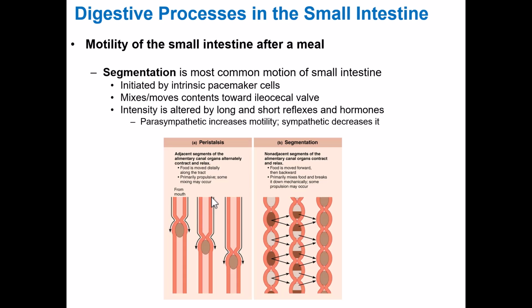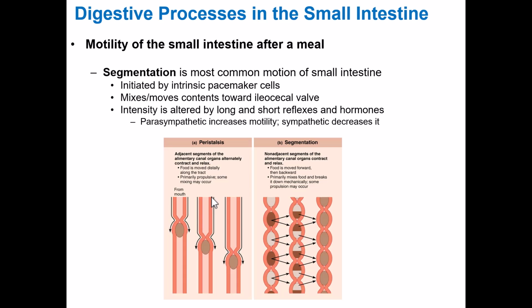But to allow for this absorption to occur optimally, as we're sending things through, it's going to be sent through very slowly, but we also want to see segmentation, which is this movement back and forth, to mix things a little bit, because that chyme is receiving the pancreatic juices and the bile. So we do want to mix that together. But also if there's any more mechanical breakdown that needs to occur, that can happen with this segmentation.